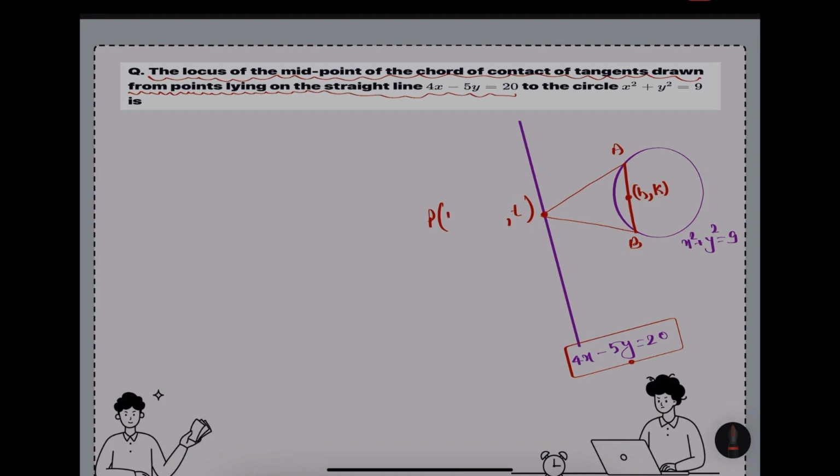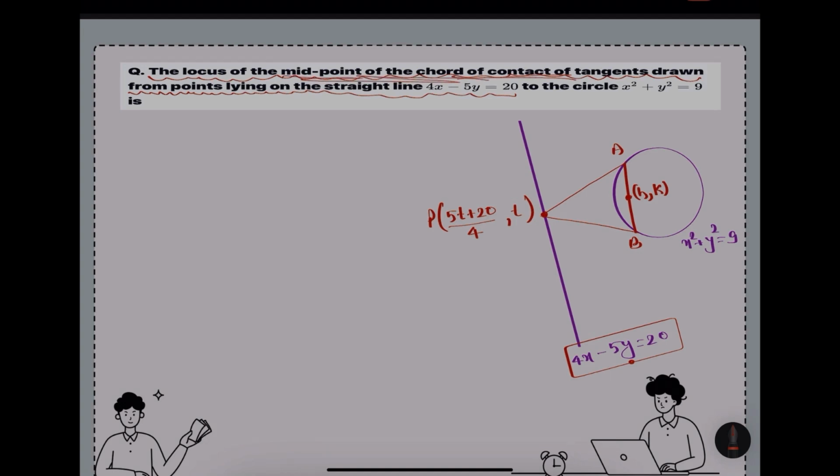It will be (5t plus 20) upon 4. So you got the point. Now look at this, how we will connect these two ideas. It is the chord of contact and also it is the midpoint of the chord.